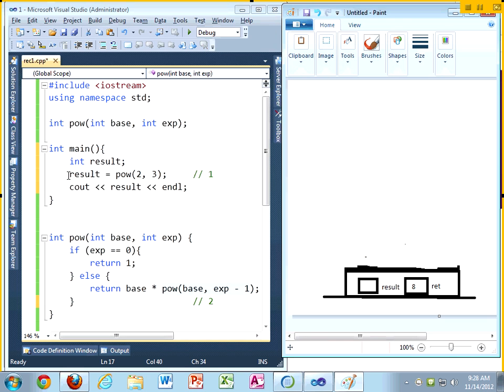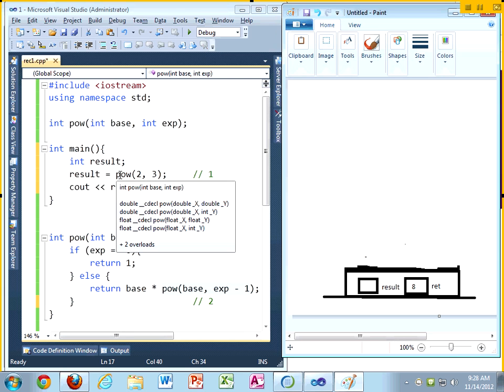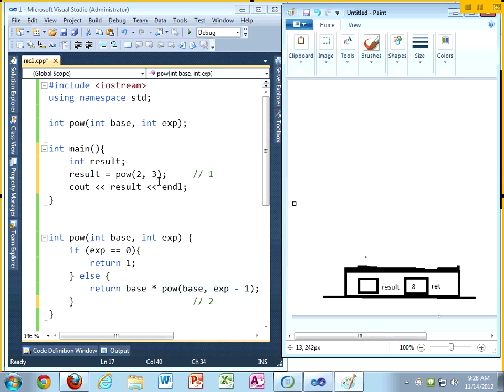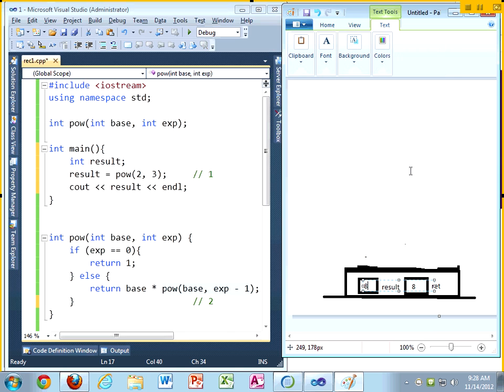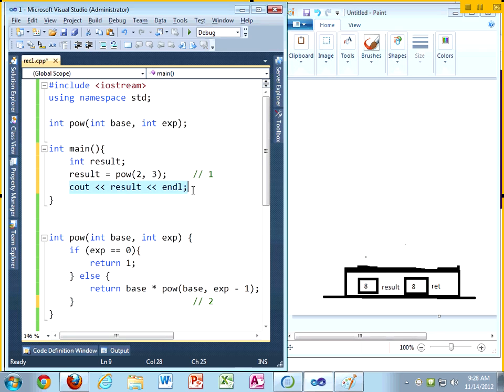So now I'm up here at place 1, in the middle of executing my statement. Result gets this function call, right? The return value of the function call is 8. So result gets 8. Okay? And now I say cout result, and 8 comes out. Great.